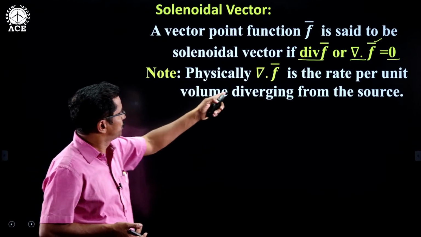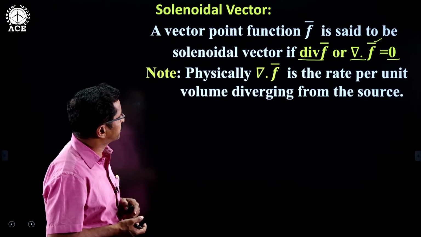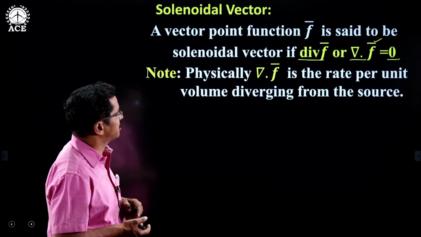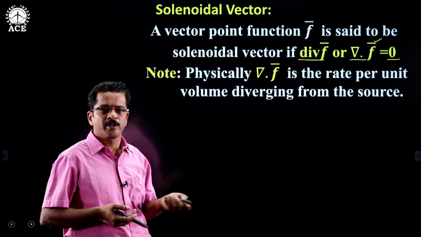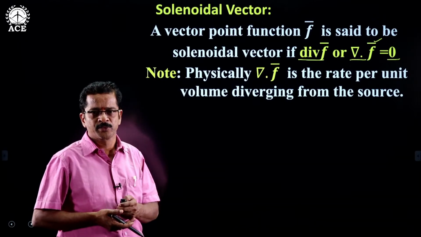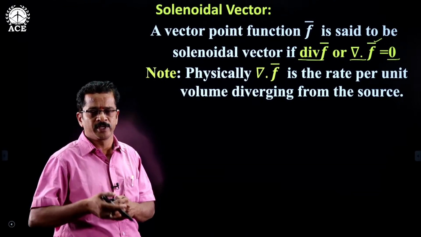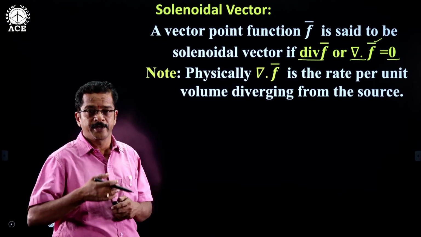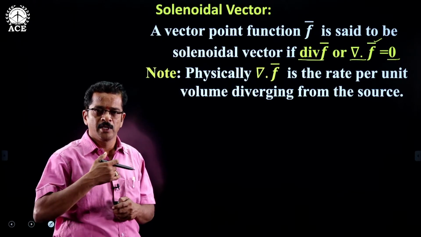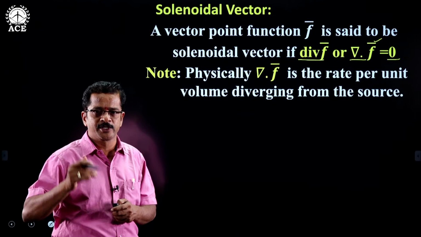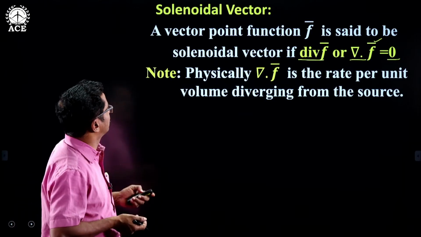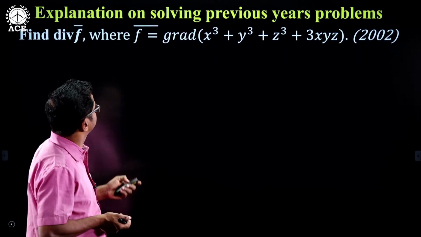Physically, del dot F bar is the rate per unit volume diverging from the source, how far it is moving from the source. The rate of moving away is evaluated using divergence of the vector.